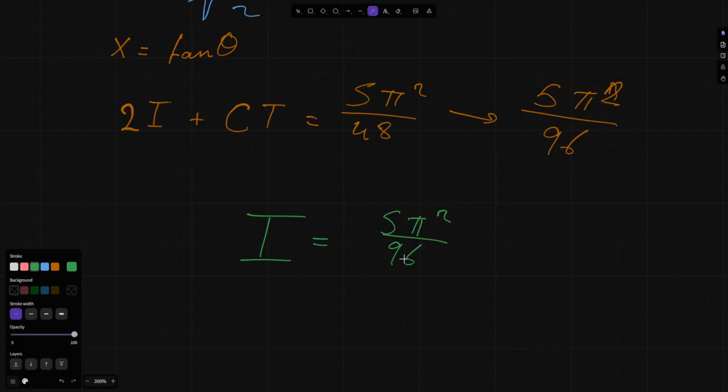And there it is, 5 pi square over 96, a number that feels surprisingly clean for such a chaotic start. We started with a square root inside inverse tan and ended up with a pure geometric constant. It's a geometric constant here, and this is the beauty of advanced integration.